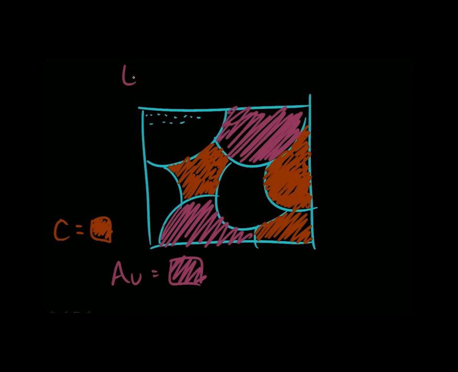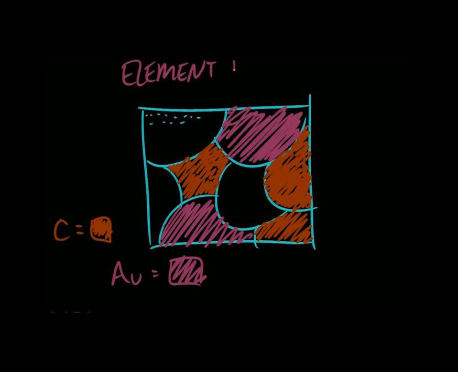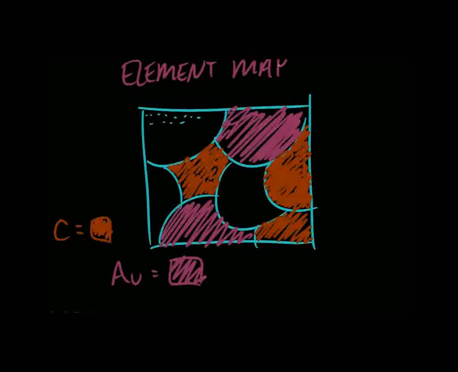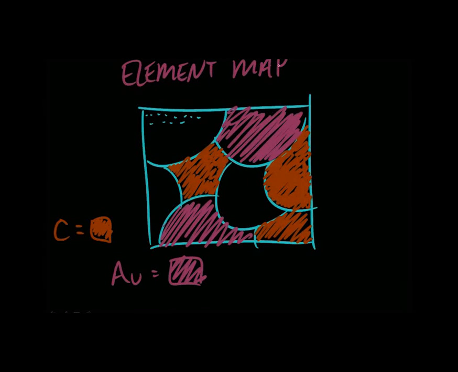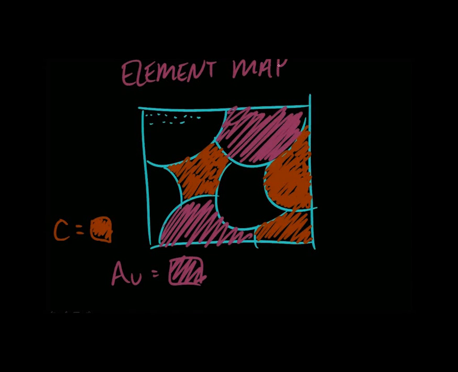This is called an element map, and it is a very powerful tool not only for compositional contrast, but actually for compositional, elemental analysis. It's a very powerful tool for sharing characteristic information of your work using EDS.